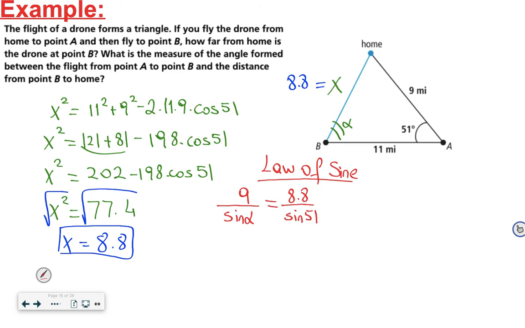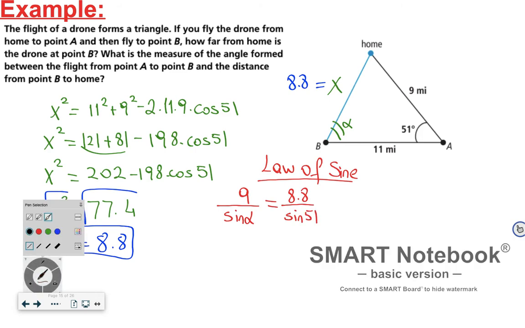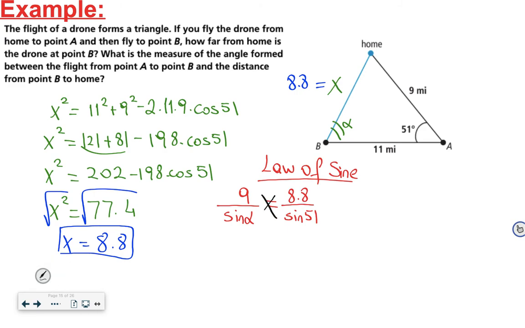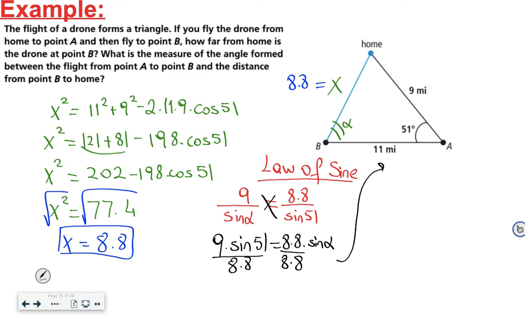If you use cross multiplication, you are going to get that 9 times sine 51 will be equal to 8.8 times sine alpha. To be able to find sine alpha, divide both sides by 8.8, then you will get sine alpha is equal to 9 times sine 51 over 8.8.